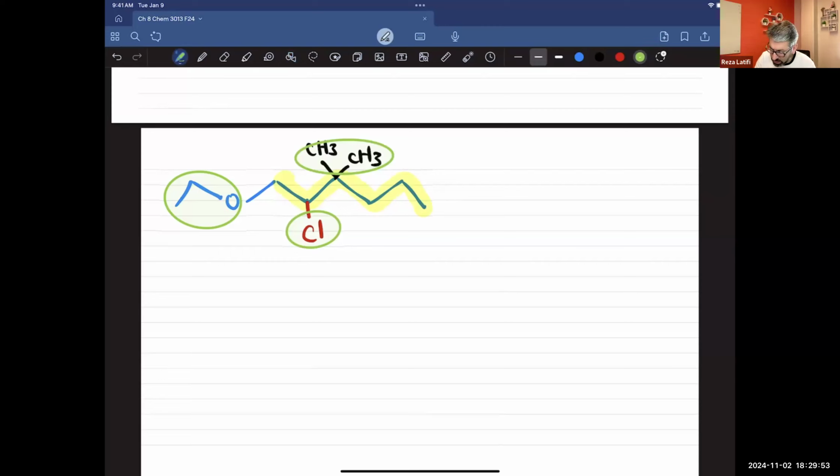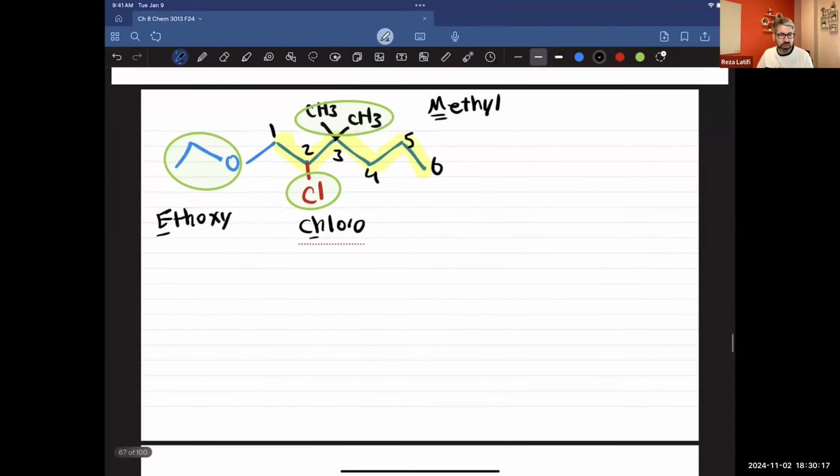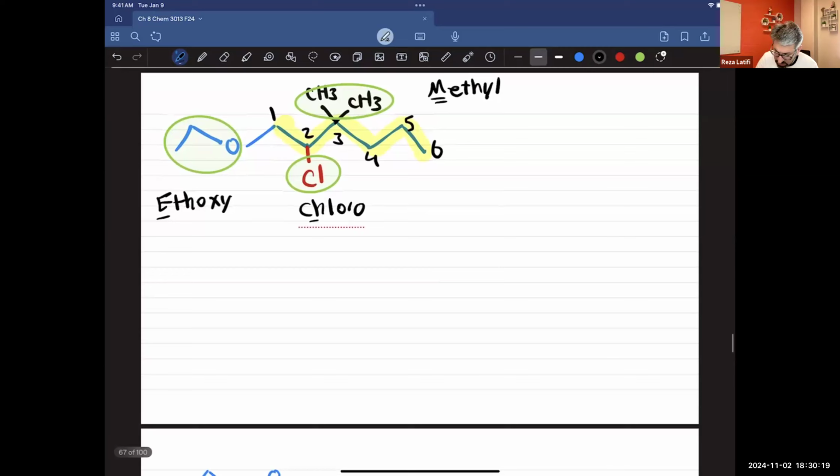Let's label the main chain: 1, 2, 3, 4, 5, 6. So I have 6 carbons, and I have ethoxy, which starts with the E. This one is a chloro, which starts with the C. And next I have methyl, which starts with M. So the priority is going to go to chloro, and the chloro is sitting on the second carbon, so we say 2-chloro.